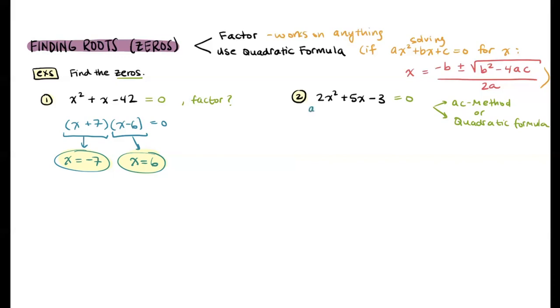So we have A equals 2, B equals 5, and C equals -3. I just want to plug all those numbers into our quadratic formula right here. So take a sec to write this down. Make sure you have all the numerical values in the right spots.